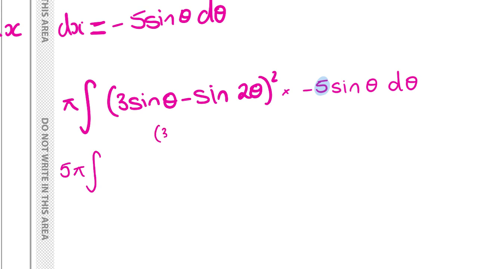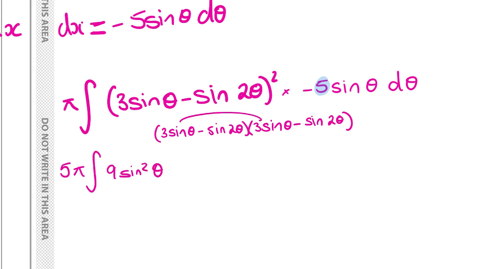Remember, this is 3 sine theta minus sine 2 theta multiplied by 3 sine theta minus sine 2 theta. Okay, people always forget about this, but it's really important. So we're going to have 9 sine squared theta minus 3 sine theta sine 2 theta.